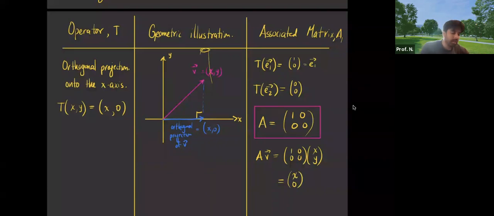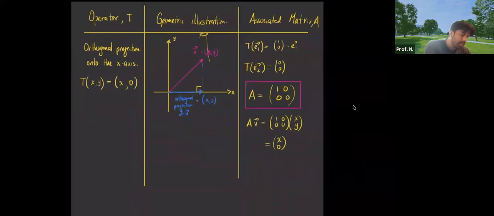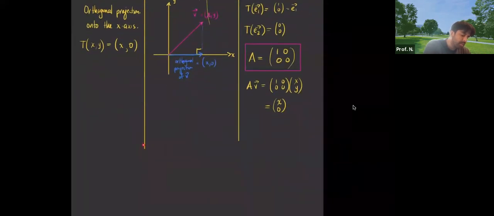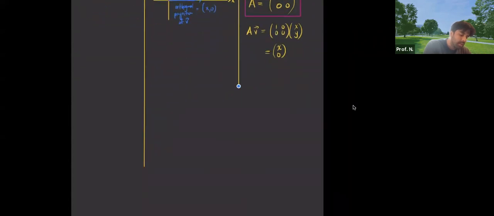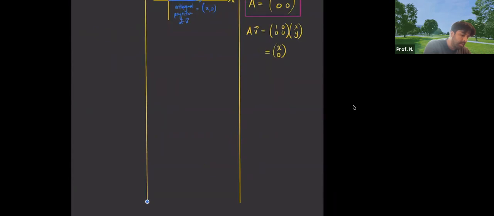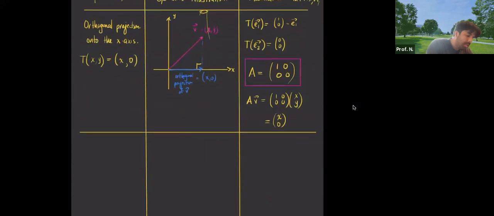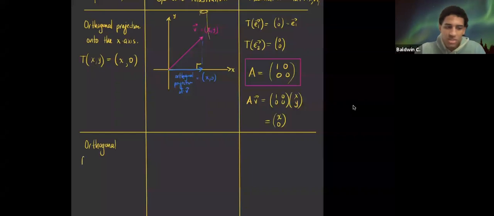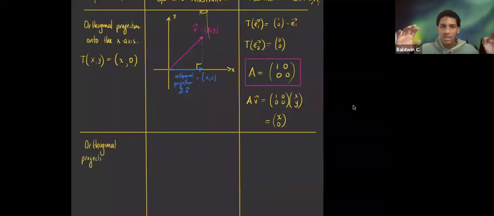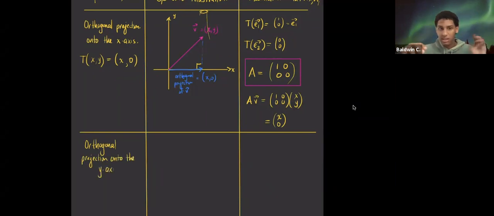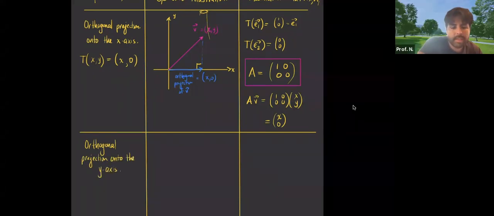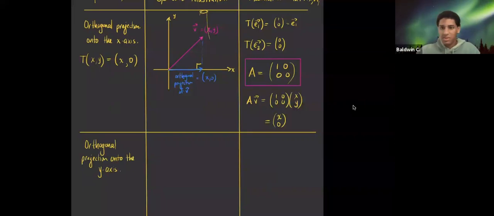Make sense? So then, of course, we're going to talk not just about the orthogonal projection onto the x-axis, but also the orthogonal projection onto the y-axis. Wait, Professor, just to get this straight in my head, the orthogonal projection to the x-axis basically shrinks the y-axis, and then the opposite for this one that we're about to do?